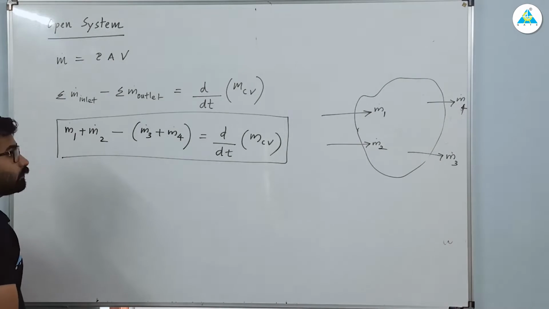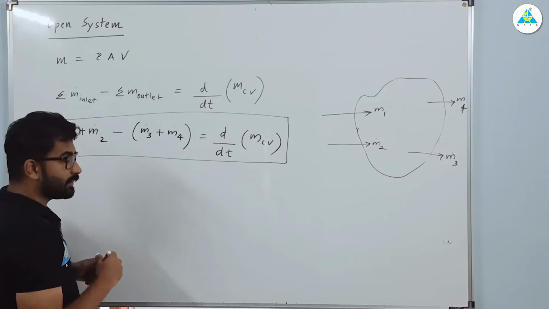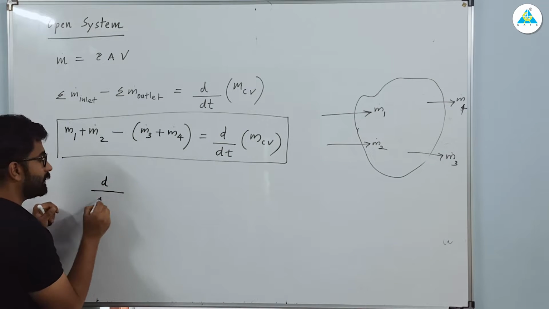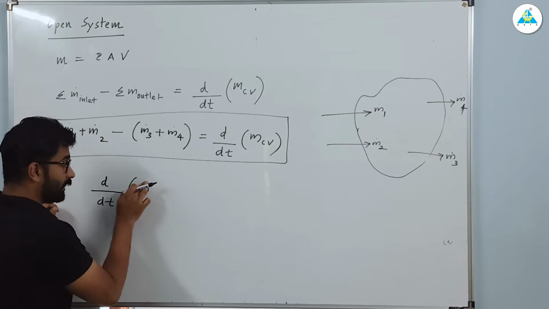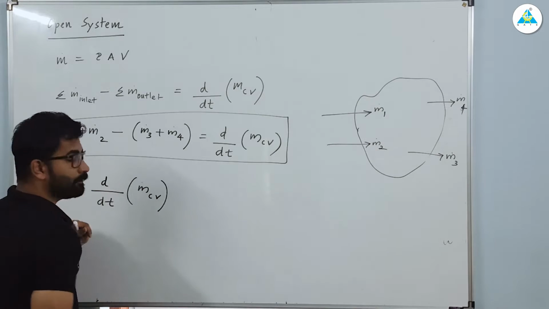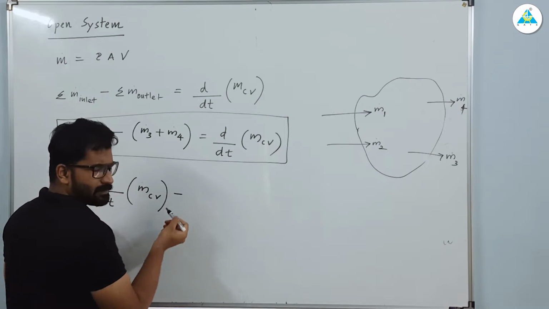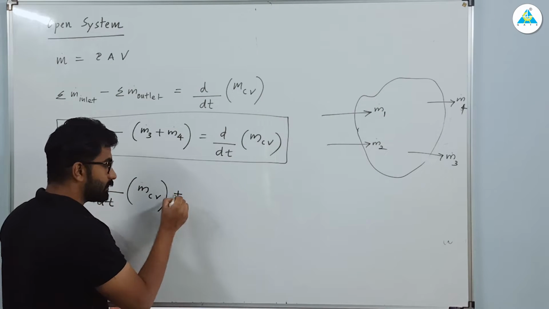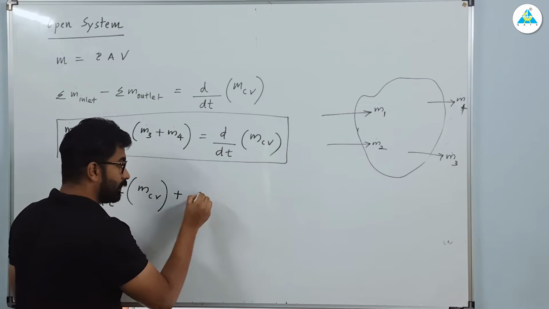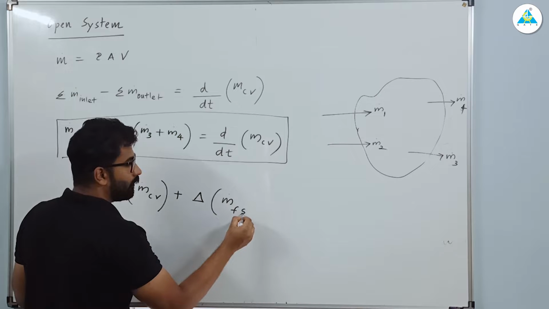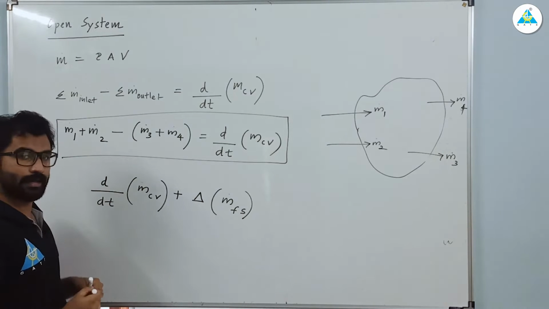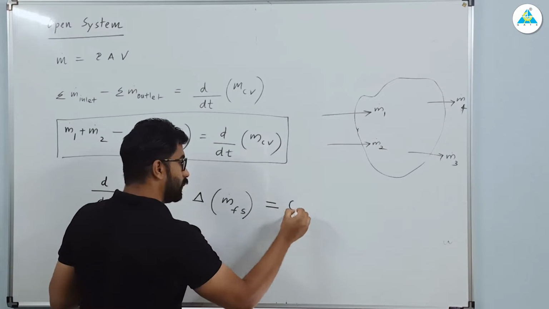Now if I bring everything to that side, I am writing this as d by dt of mass of the control volume plus del of mass flow rate of flow stream equal to 0.